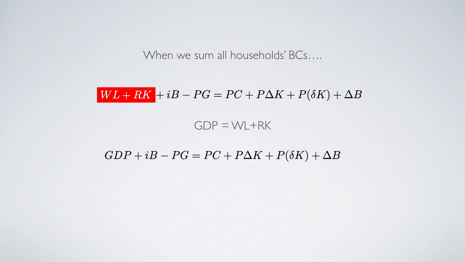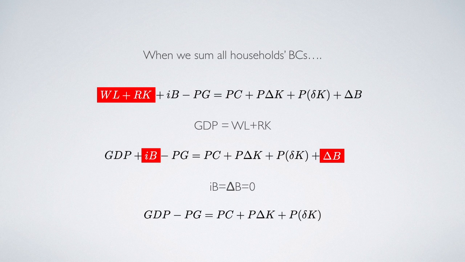Therefore, we can replace the red block with GDP. In addition, when we sum all households' budget constraints, whenever there's household borrowing, there must be somebody lending. Therefore, the property bond holding, or the change of property bond, will be equal to 0, so that we can drop those two terms out of the equation and end up with the equation that we see on the bottom line.